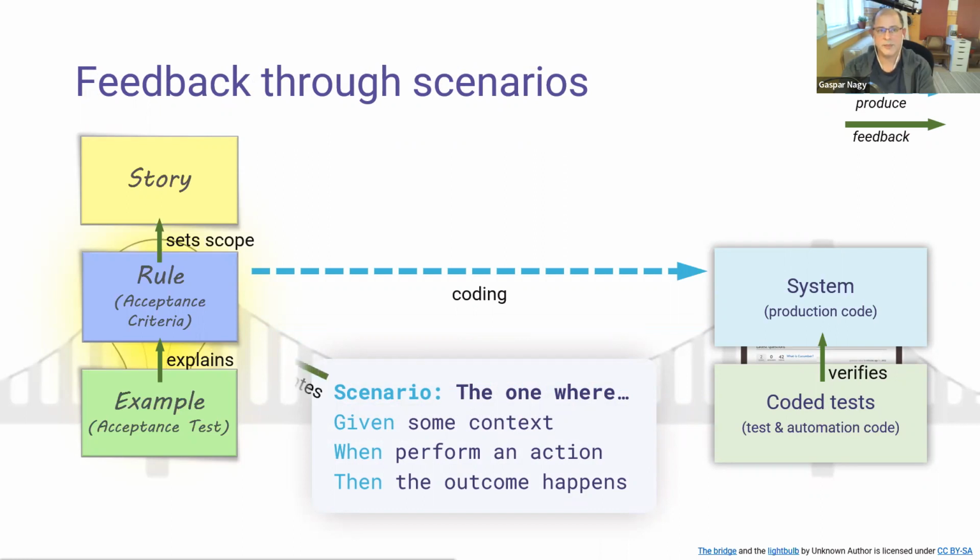It sits in the middle because it illustrates the rule in a business readable form. So I can show my scenarios to my business and they will be able to say whether these are valid or not valid. And if you make these scenarios automated, the scenario is validating or verifying whether the production code is really working with that.